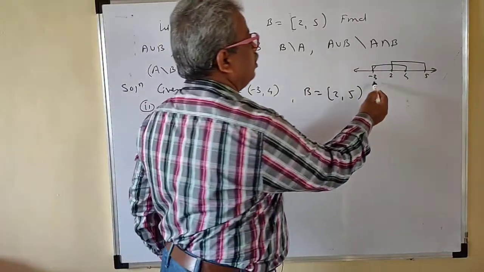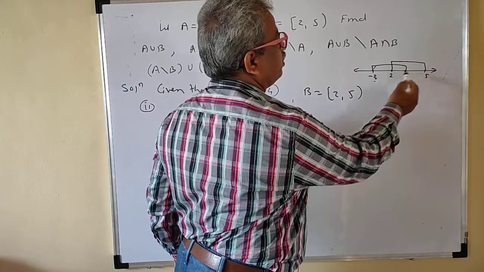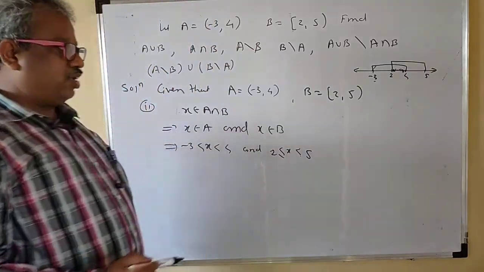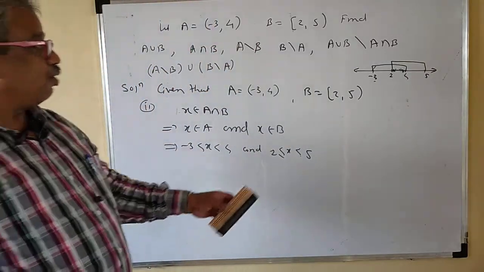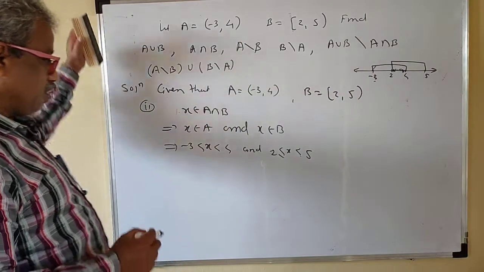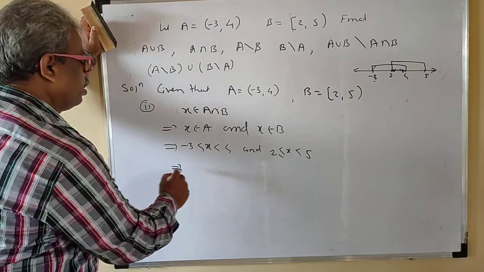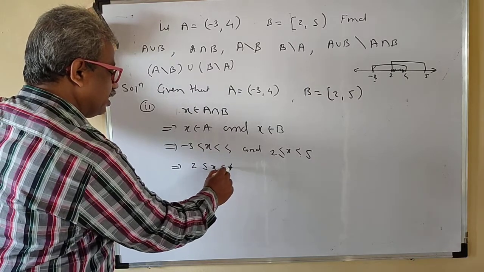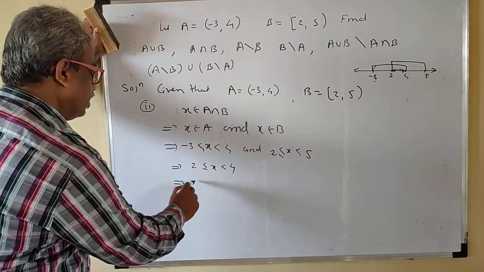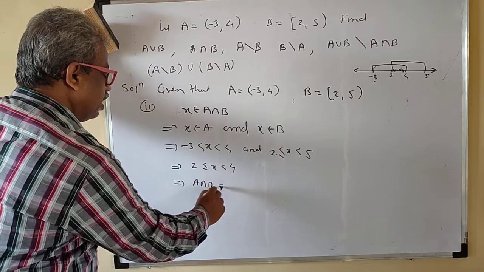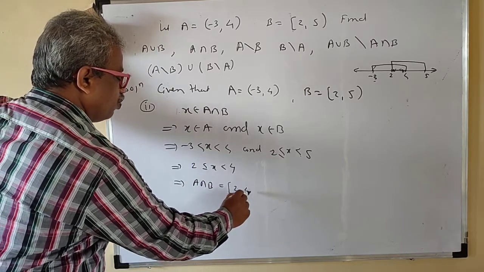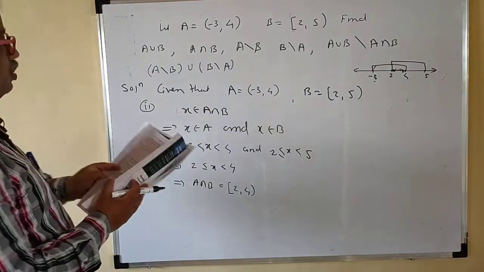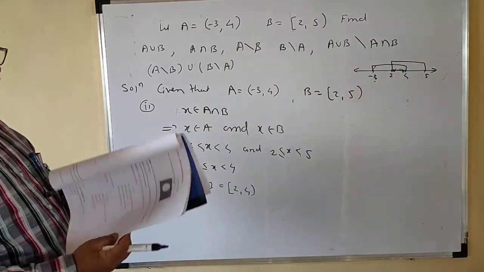Now see here, this is your A and these are the common points, common to both. 2 is also included in B, and 4 is not included. So this implies 2 less than or equal to X strictly less than 4. Right? So A intersection B is the closed-open interval 2 to 4, because 4 is not in B and not in A, so you have to take 4 as open here.